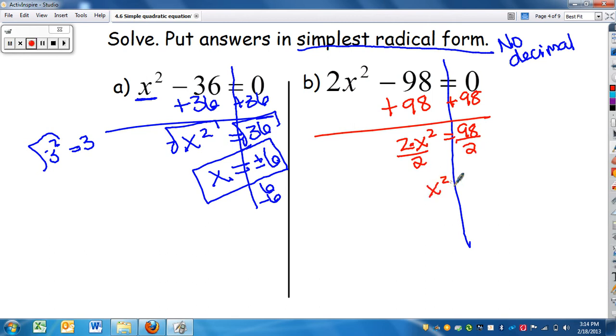So I get x squared equals 49. The square root of 49, because I'm undoing the square, is 7, and then I need plus or minus 7. And again, you can check your answers by plugging these in. 7 squared is 49. 49 times 2 is 98. 98 minus 98 is 0. So I know that is the correct answer.